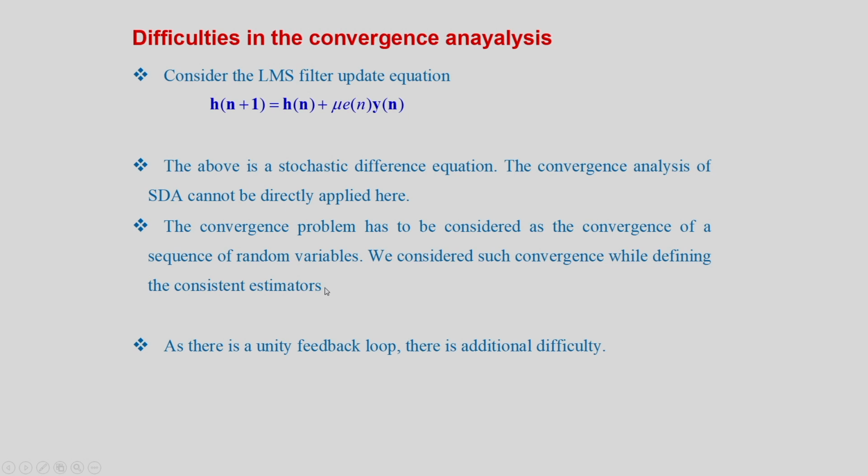Particularly, we considered convergence in probability and mean square convergence. Here also we will try to apply mean square convergence. As there is a unity feedback loop here, this coefficient here is 1, there is additional difficulty in the convergence analysis.